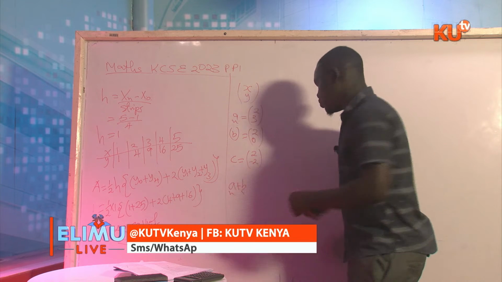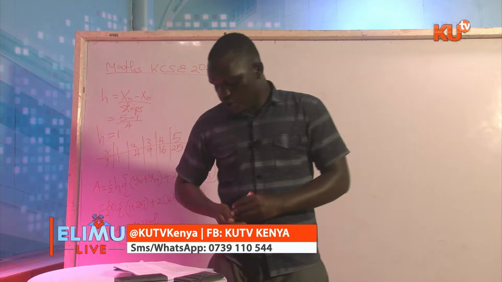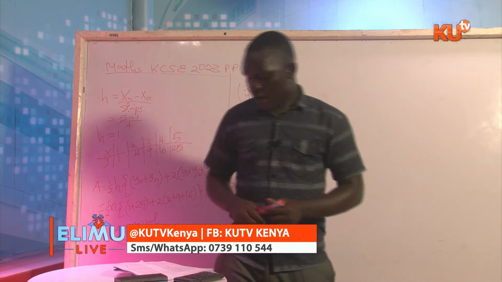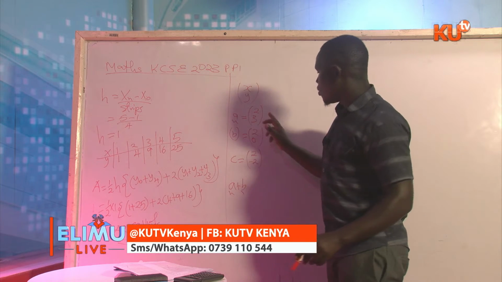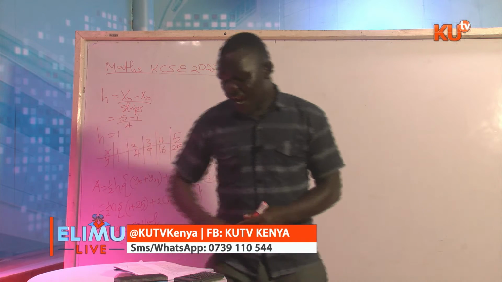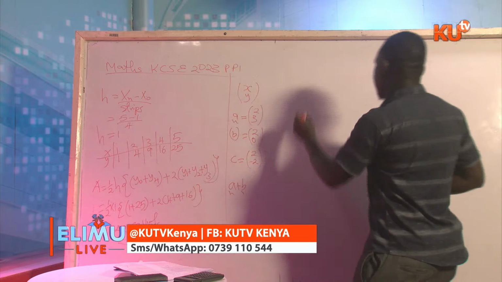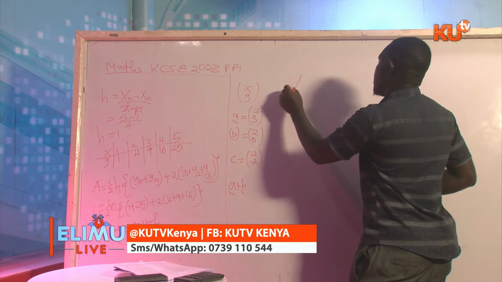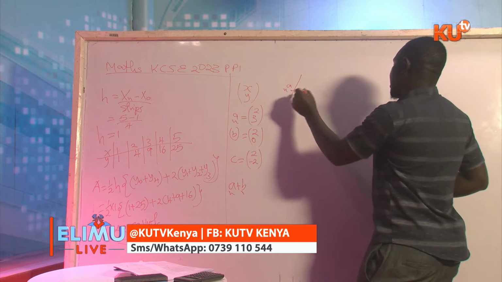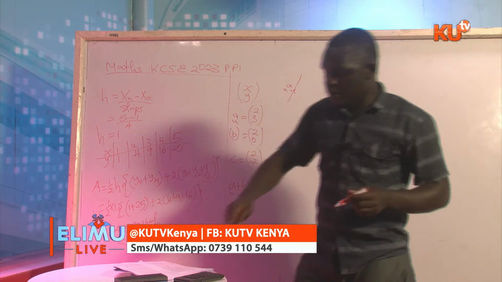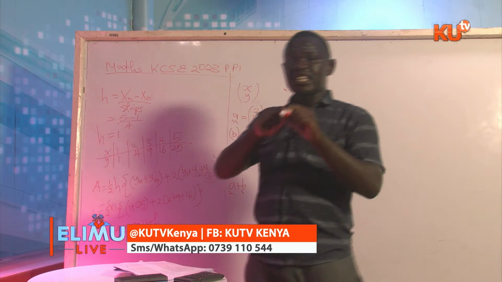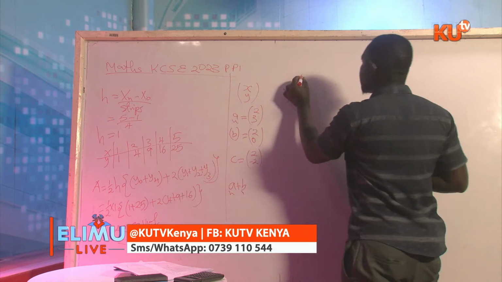Now, when they want you, dear students, to get the resultant vector of A plus B, what you can do, draw that vector A. After you've drawn that vector A, at the end of it, I have my vector B because I'm adding B, and B is covering 2 square units horizontally.